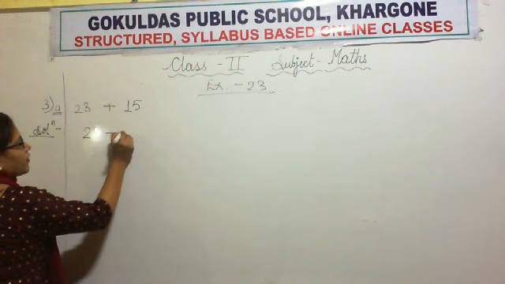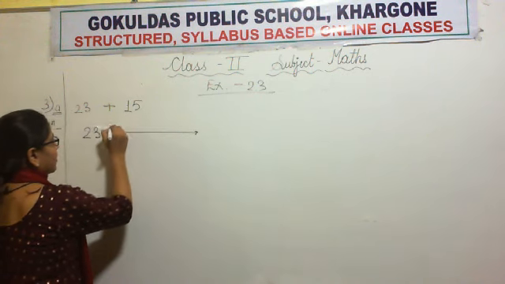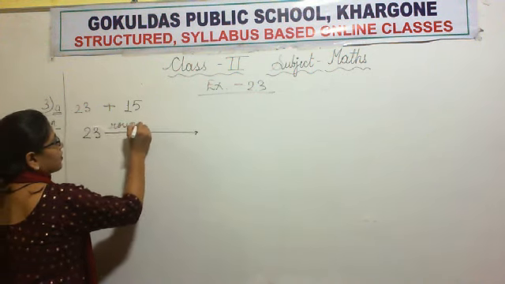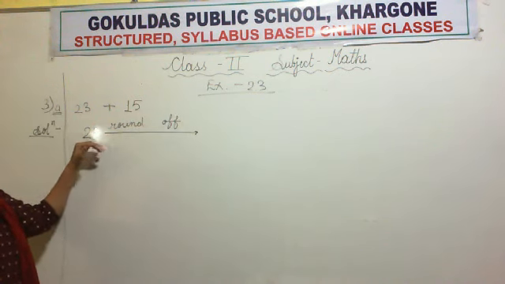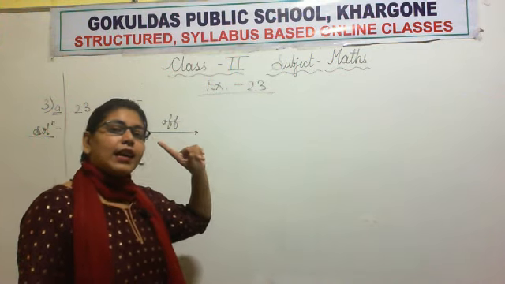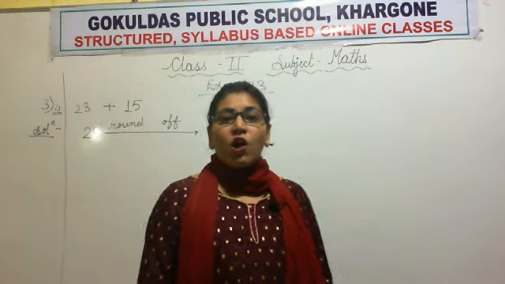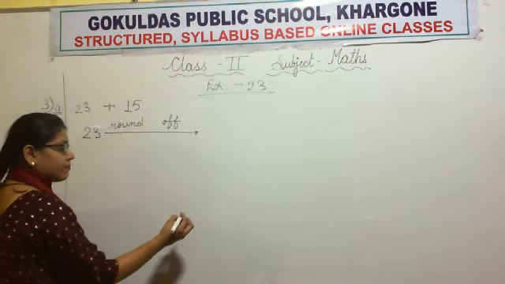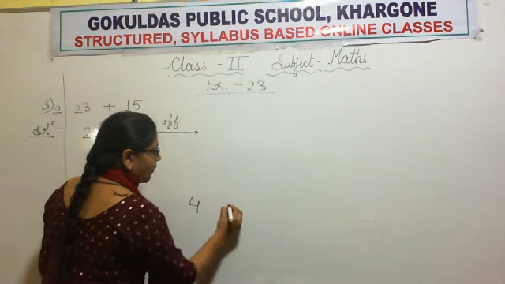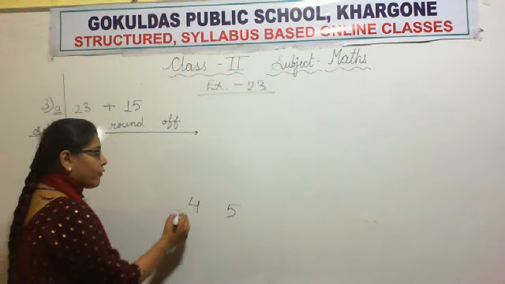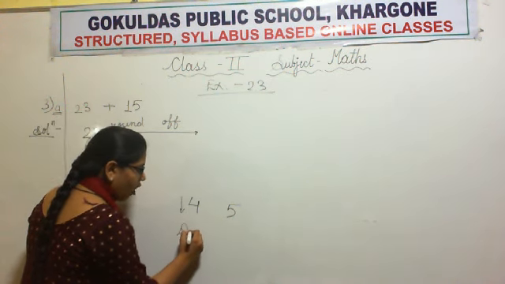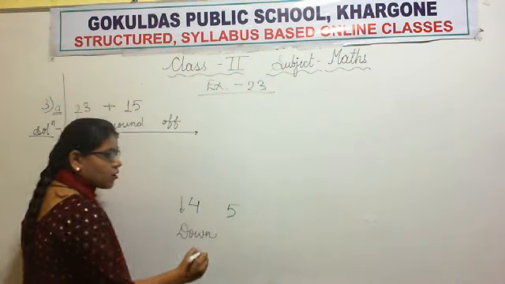First of all, we will round off 23. So what will we get when we round off 23? I taught you how to round off. Yes, in the previous lecture we wrote these two numbers, 4 and 5. So whenever we see number 4 or less than 4, what will we do? We will round down.